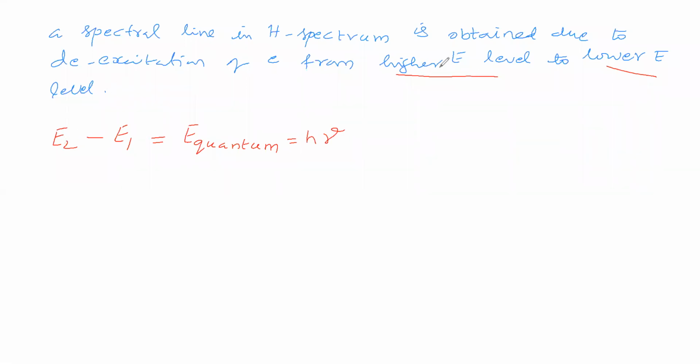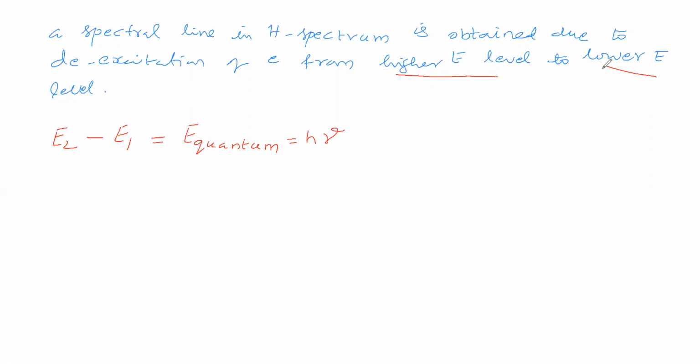This E2 is called the higher energy level. Then this lower energy level, we will take it as E1. So when an electron jumps from a higher energy level to a lower energy level, will it emit radiation? Yes.